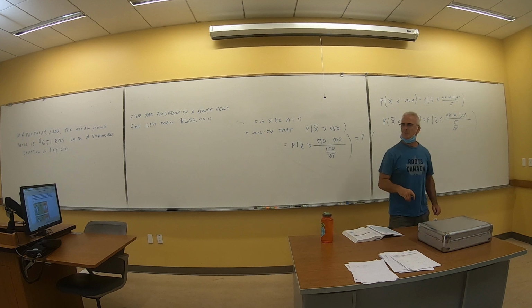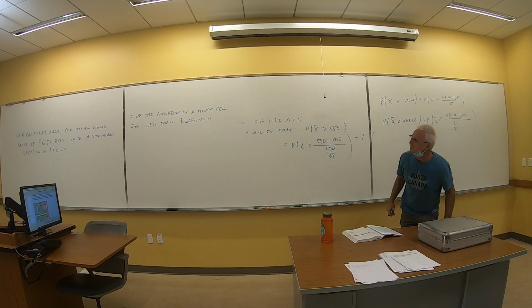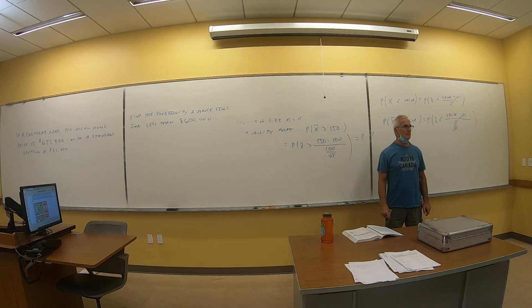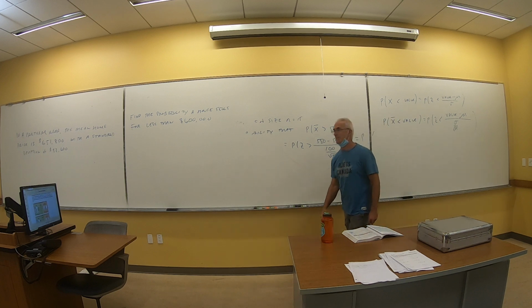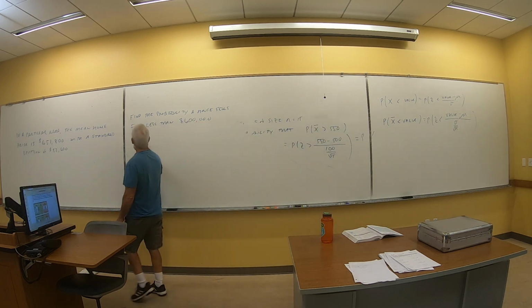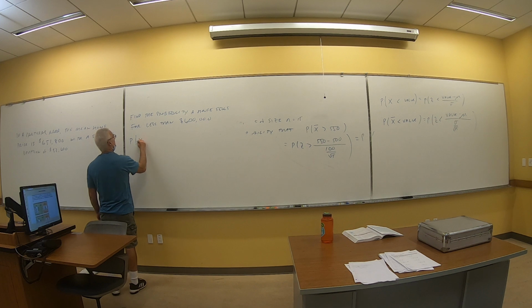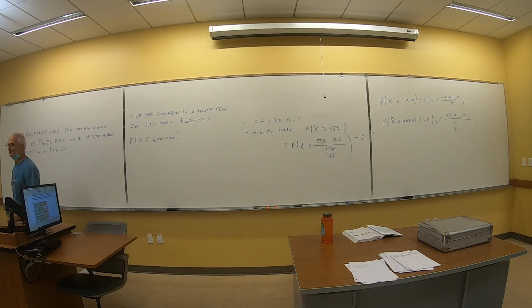Now, when you're looking at those values, look at my standard deviation. Would you say that's about one standard deviation below the mean? So you're really asking, what's the probability of being roughly a standard deviation below the mean? That's not a hard question. So I'm asking you, what's the probability an individual house sells for less than $600,000? Now, I can't look up $600,000 in a table.